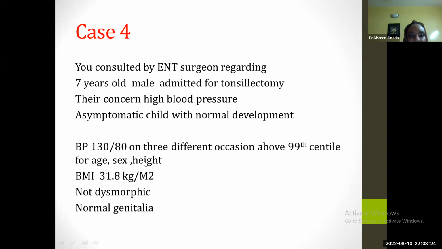The blood pressure is 130/80 on 3 different occasions, all above the 99th percentile for age, sex, and height. And the body mass index is 31.8. He is obese and not dysmorphic, with normal genitalia. Anyone can comment about the hypertension and stage and what is the cause?